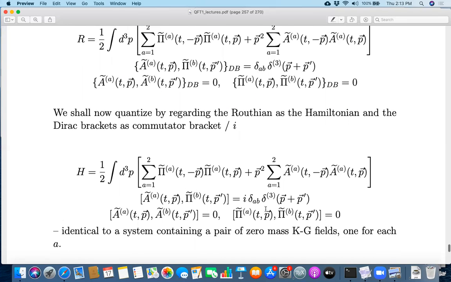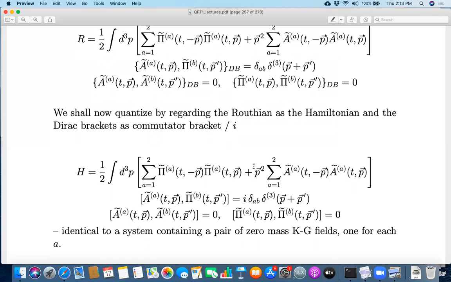And now you would notice that this is identical to a system that contains a pair of zero mass Klein-Gordon fields, one for each a. If you fix your a, then this Hamiltonian and these commutator brackets are identical to what we had for the Klein-Gordon field.